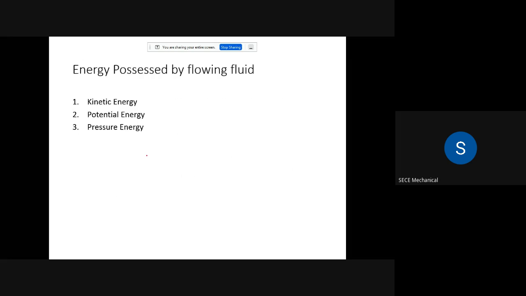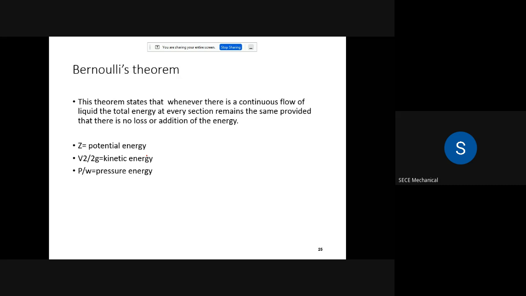As I said, there are three different types of energy possessed by a flowing fluid: kinetic energy, potential energy, and pressure energy. When these energies are related, it is called Bernoulli's theorem.